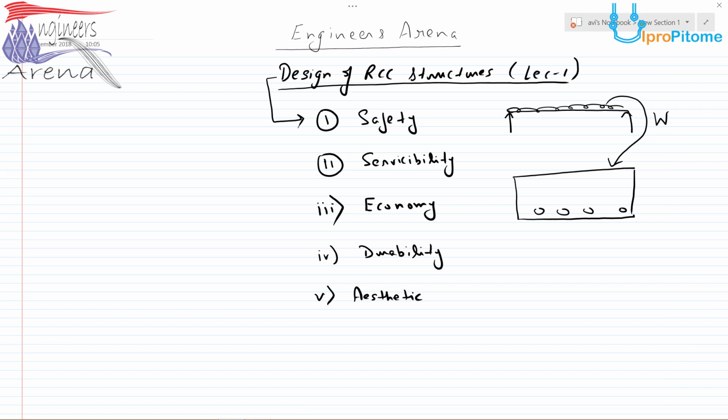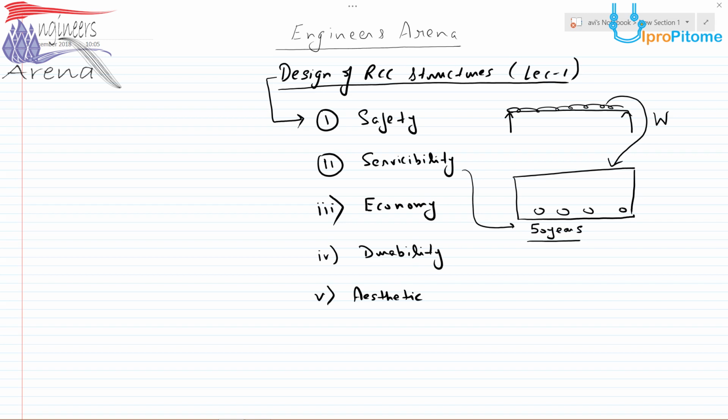Thereafter it is serviceability. We want our structure to give service. For example, its design life is 50 years. We generally design buildings which have a design life of 50 years. So this structure should give service for 50 years, and it should be equally safe.